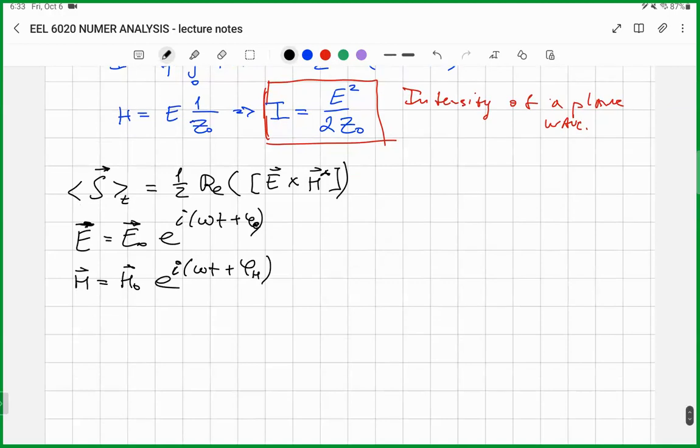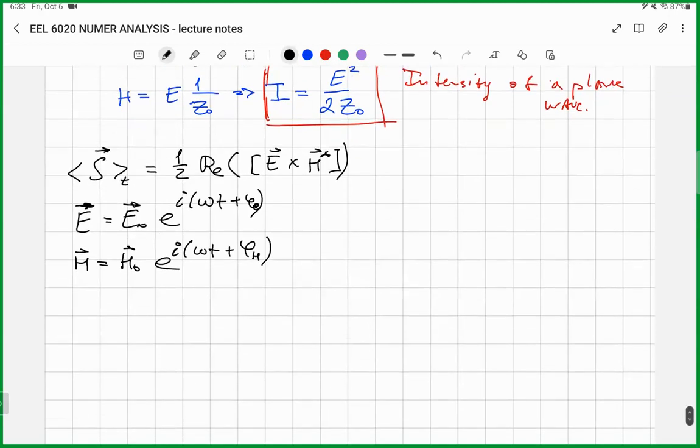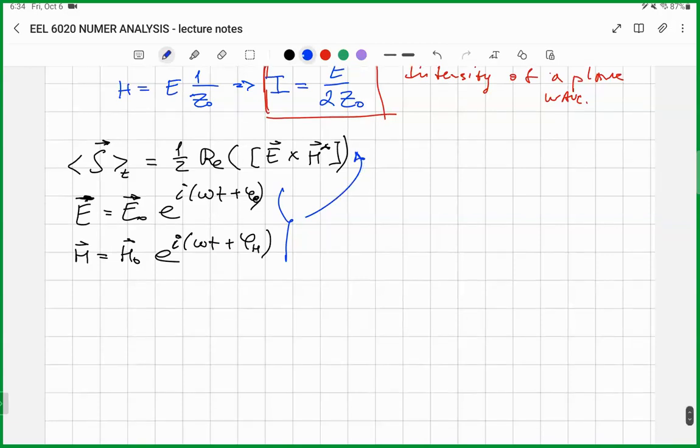Okay, and now I go ahead and substitute these two into the formula above, and get the next result.